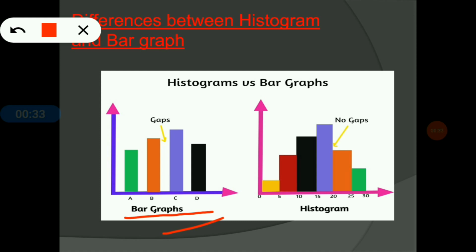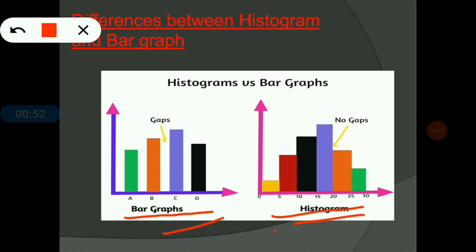Now go to the next one, that is the histogram. A histogram visualizes numerical continuous data, that is 5, 10, 15, 20, 25, 30 and so on, which we can see in this diagram.